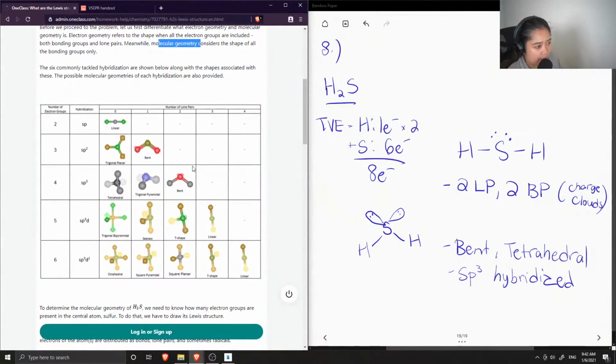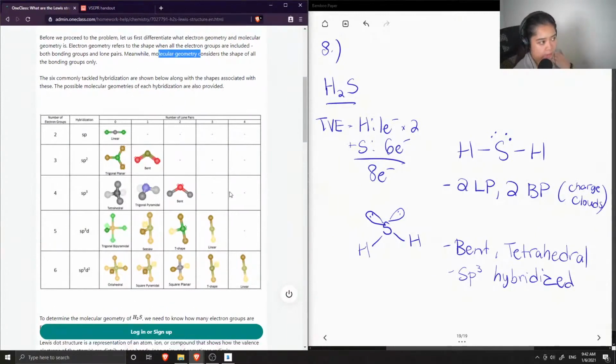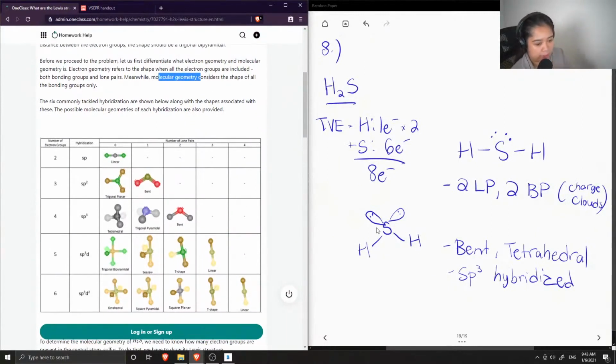So this is why we have both bent and tetrahedral. The bent shows how the 2 hydrogens are bent, and tetrahedral shows how all of the electron groups, like even the lone pairs, are involved, and they can form a tetrahedral shape.